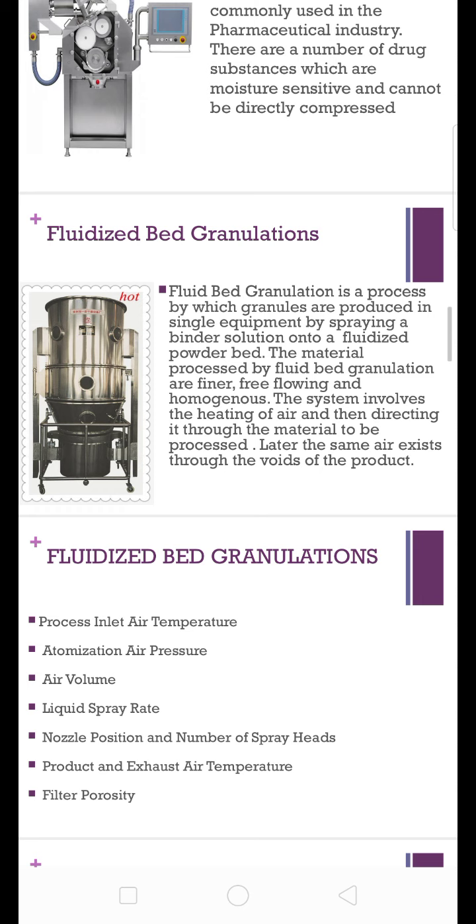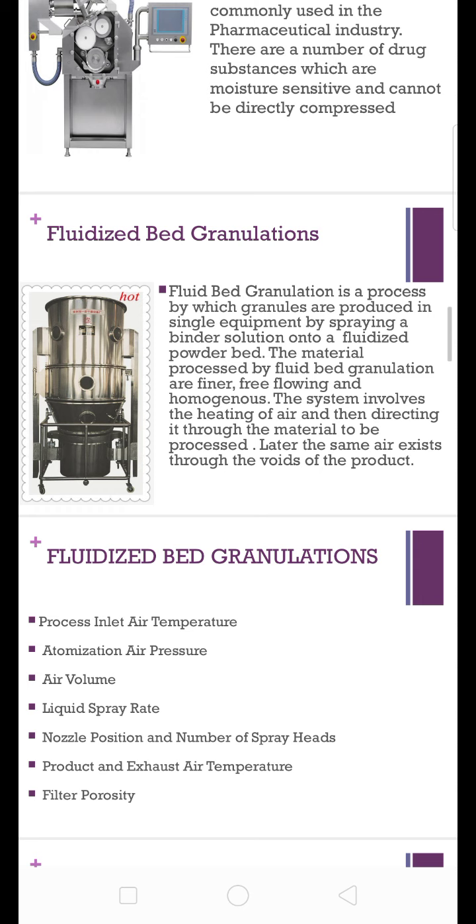Your powder bed is fluidized with the help of high pressure air, and you are going to spray binding solution. The material processed by fluid bed granulation is finer, free flowing and homogeneous. Okay, so a good quality of material is obtained.